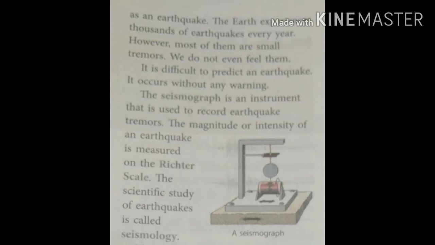The seismograph is an instrument that is used to record earthquake tremors. The magnitude or intensity of an earthquake is measured on the Richter scale. The scientific study of earthquakes is called seismology. The place of origin of an earthquake is called the focus.